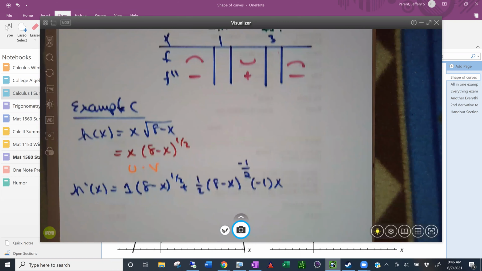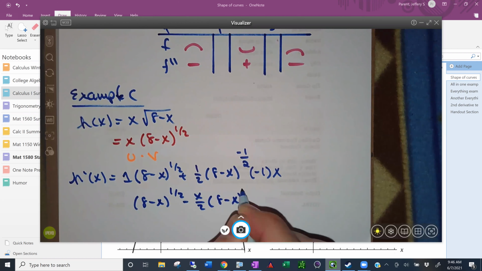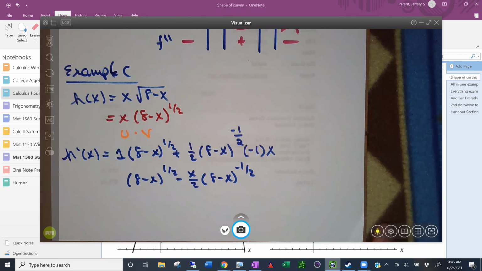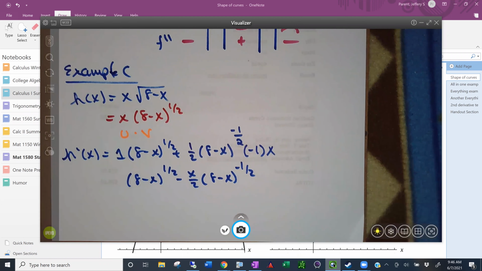This is kind of a big mess, so let me clean it up a little bit. I'm going to take the negative and the x and put them up top here and get 8 minus x to the 1/2 minus x over 2 times 8 minus x to the -1/2. Now you're going to see some factorization like this again later, but let me show you this trick because it does come up.